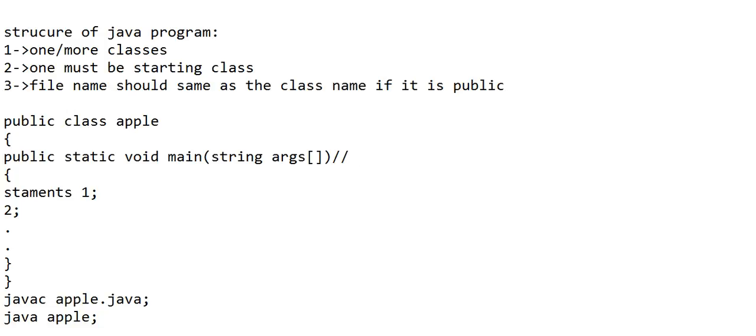You'll create an object Apple a, then you'll call a.main, right, in C++. But how will you call a method through a command prompt? Where will you create an object?